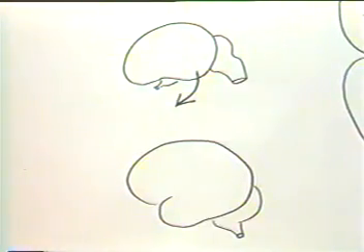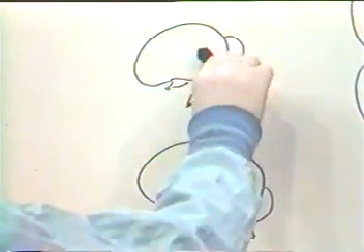The configuration of the ventricle within the hemisphere can best be understood if you conceive of the development of the temporal lobe as a semicircular expansion of the hemisphere.